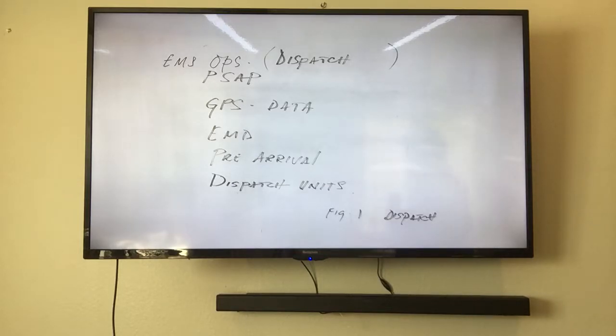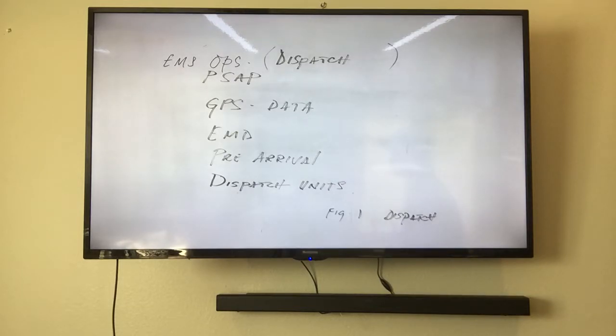These pre-arrival instructions may be to start CPR, or to ask patients certain questions and find out more information so that the responding units are utilized in a very strict fashion, that we're sending a BLS unit or an ALS unit to an ALS case and so forth, that we're not misappropriating and sending a lot of emergency vehicles and resources to a call that doesn't necessarily warrant these.